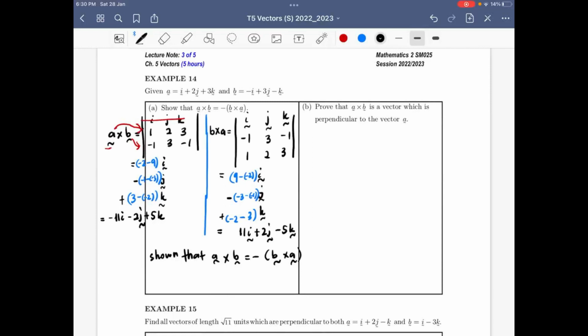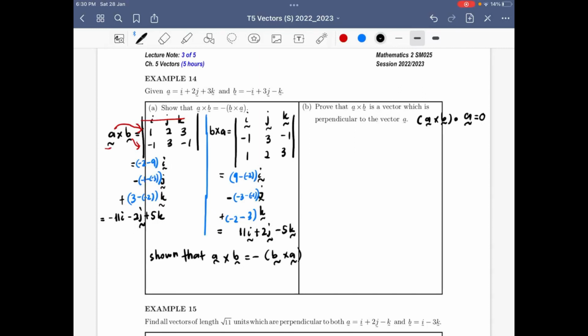And then for the B part, prove that A cross B is a vector which is perpendicular to the vector A. So we know that for a perpendicular vector, the dot product must be equal to 0. So in this case, we need to prove that either A cross B dot vector A is equal to 0.